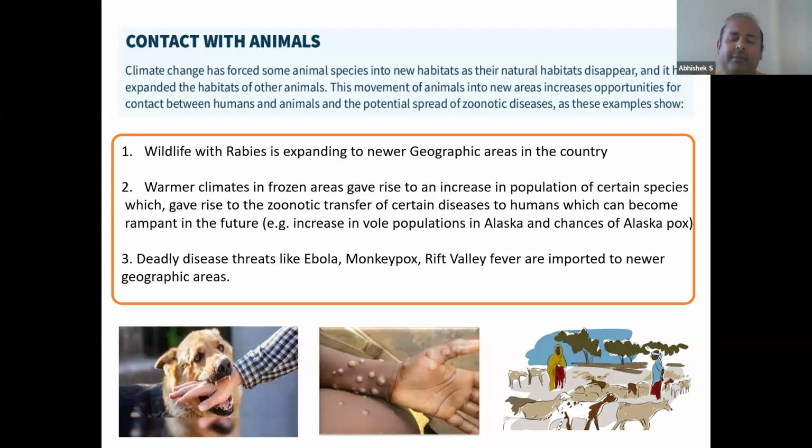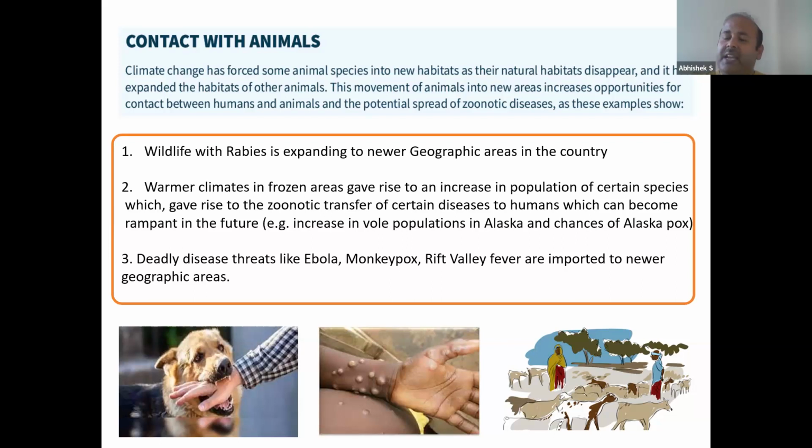Ultimately, the animals get closer to human habitats, and in that process animals and humans come into contact, and you get sick with diseases which are basically animal diseases. Rabies is one of them.